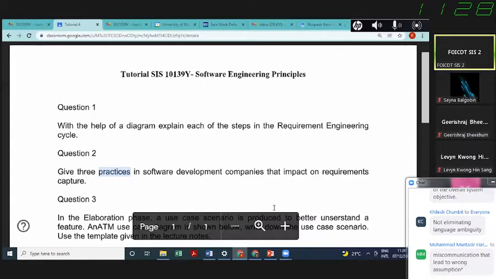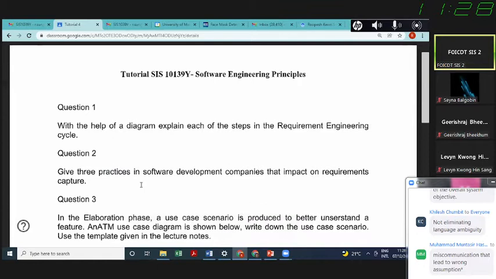So 30,000 multiplied by 100 gives us 3 million. Compressing the schedule by 1 month would mean a cost saving of 3 million rupees. So definitely the directors of the company or even the stakeholders would want to compress the schedule by 1 month, and you're saving 3 million rupees.